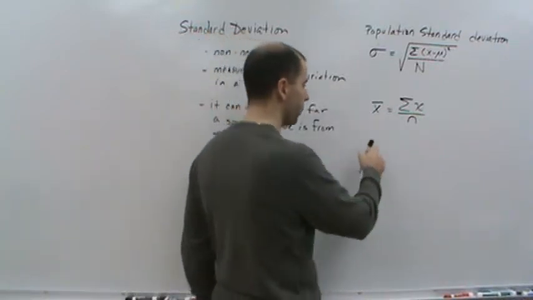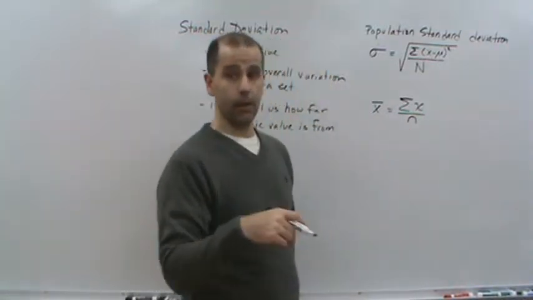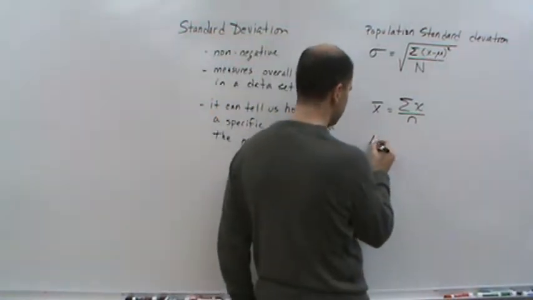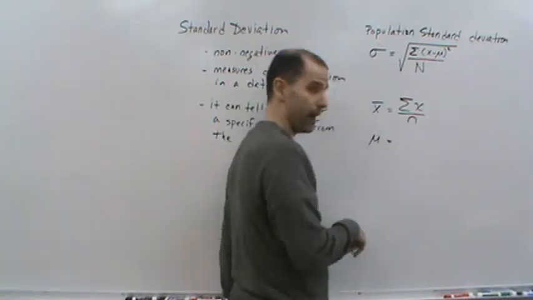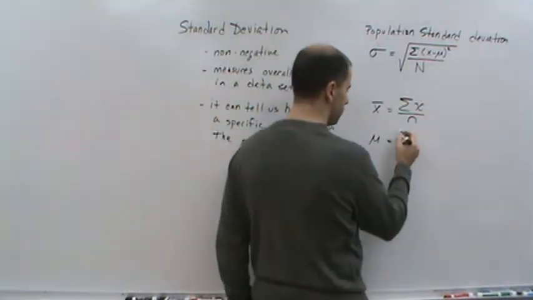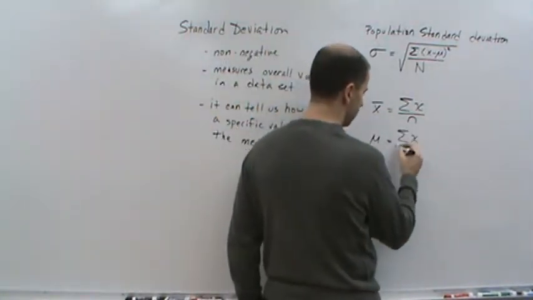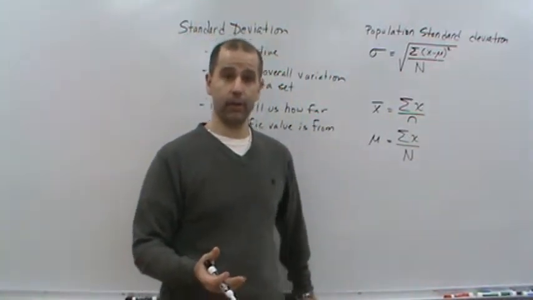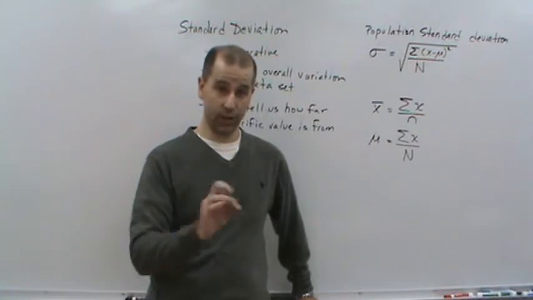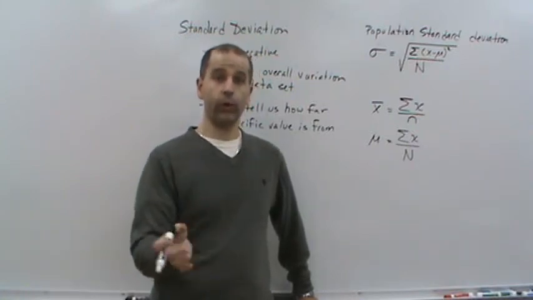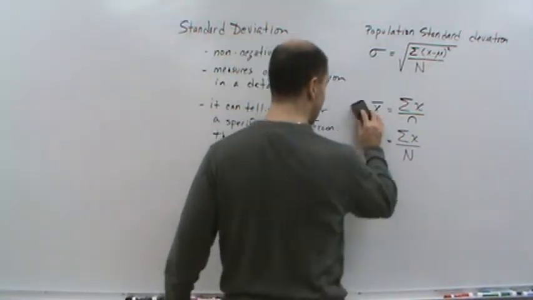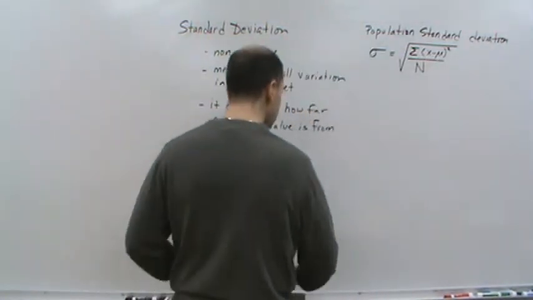So there was not a lot of difference between the two formulas. In this case, mu, the population mean, was just the summation of x over capital N. We're going to see a similar difference, but a few other things are going to change when we talk about the sample standard deviation. So let me show you what that looks like, and then I'll explain it.